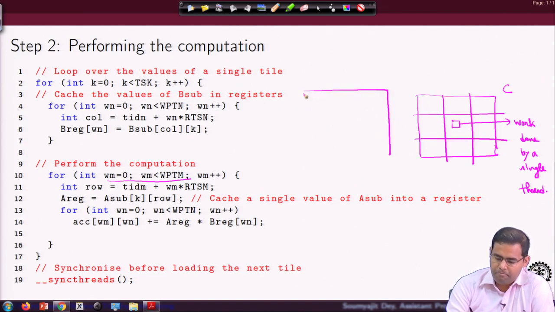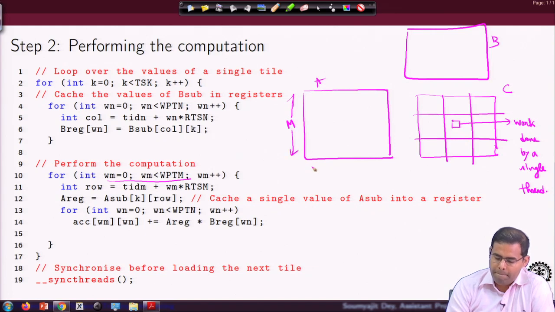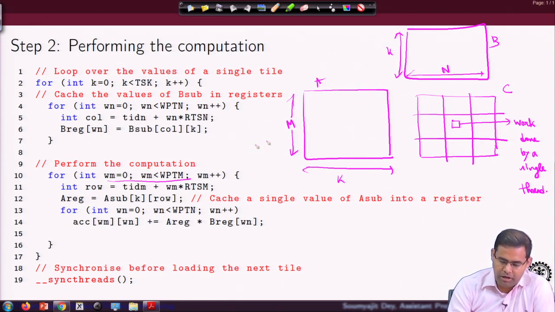You have this A and B. So, this outer loop is going over the work per thread in direction M, and the inner loop is going over the work per thread in direction N. For a single position in direction M, you load one array value, and for that you use this sequence of BREG values.